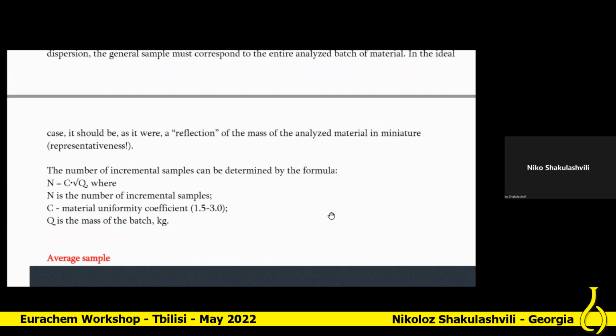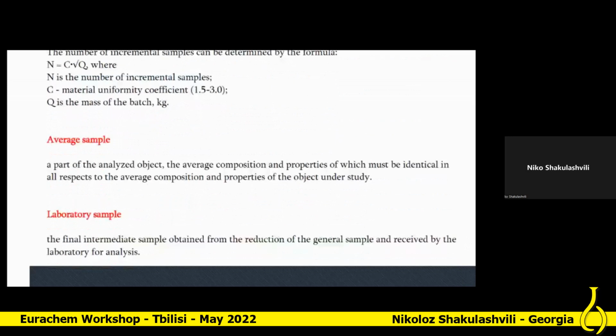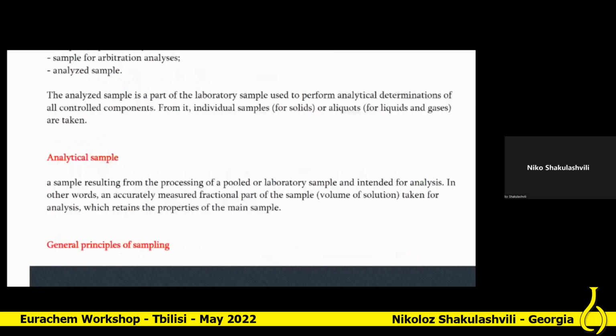Then comes the average sample, and this is the sample, the characteristics of which should be identical to our object of analysis. Here we also speak about laboratory sample, and this is the final intermediate sample that could go to the laboratory for further analysis. And this is smaller in number and size than the initial sample.